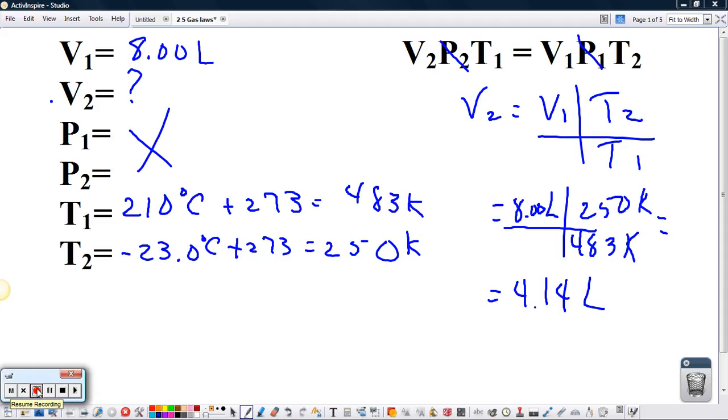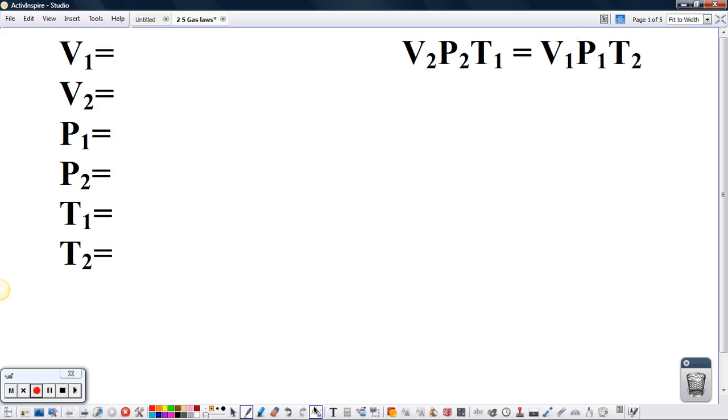All right, we're looking at number 39. So what does it say? It says what will be the volume. So my volume, question mark. If the temperature, the Kelvin temperature, is doubled. So let's say that I let the Kelvin temperature be 1.